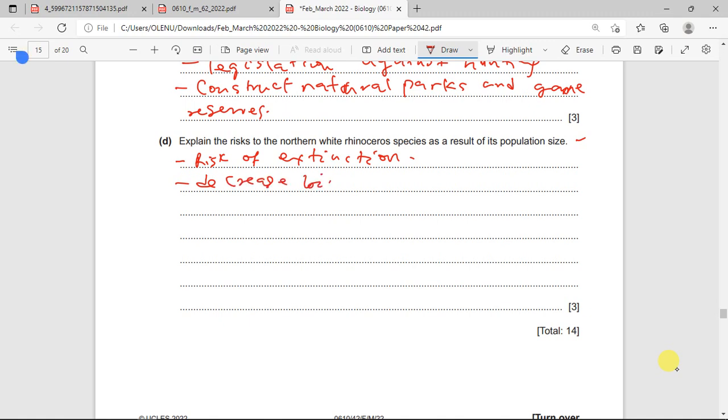We use multiply effect now, biodiversity, and that can also lead to increased competition.